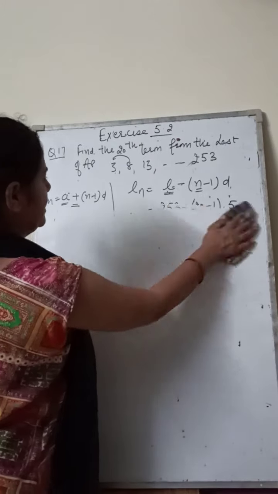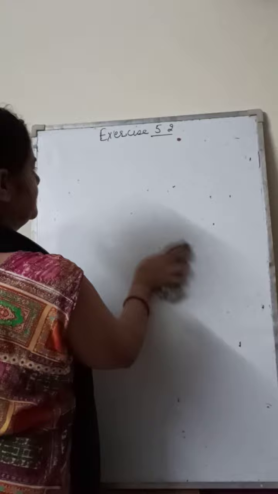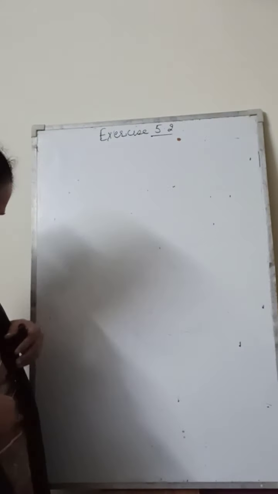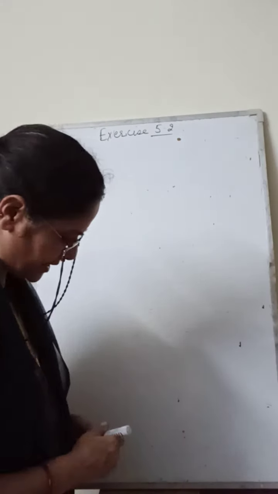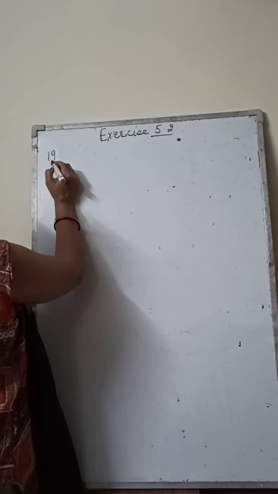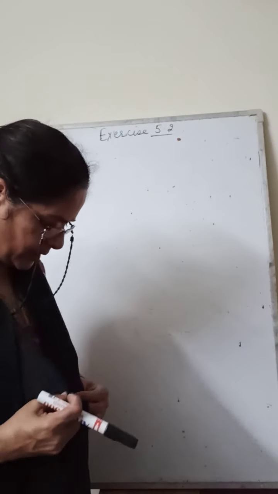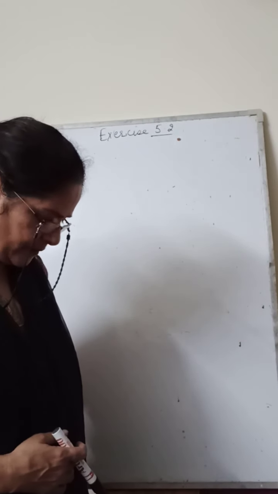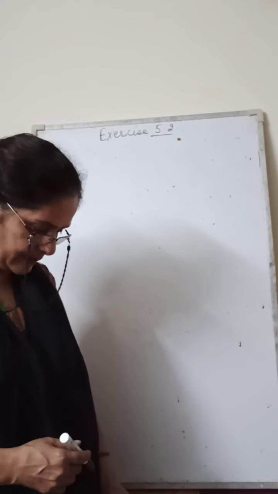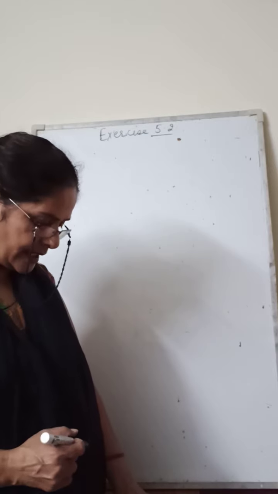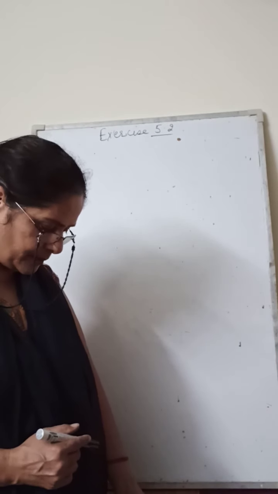Now come to the next question. Next question which I am going to do is question number 19. Shubha Rao started work in 1995 at an annual salary of 5,000 and received an increment of rupees 200 per year.